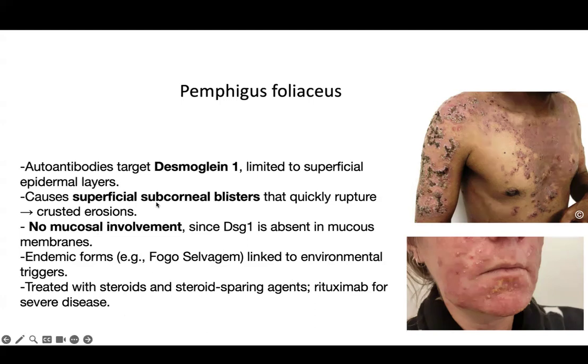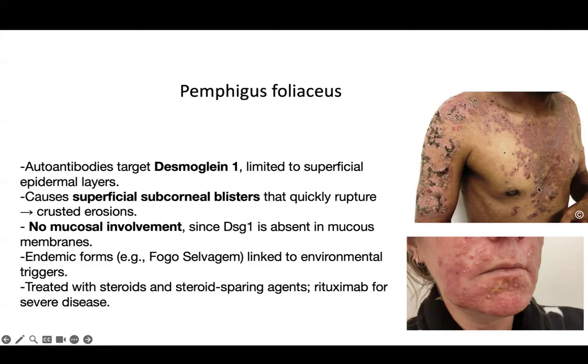As we discussed, it's in the superficial part of the epidermis, below the stratum corneum layer, where the separation happens. So usually we don't see a blister; as you can see in the pictures, we just see the erosions and crusts covering the erosions.